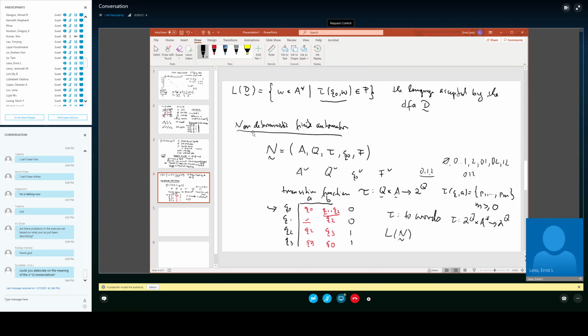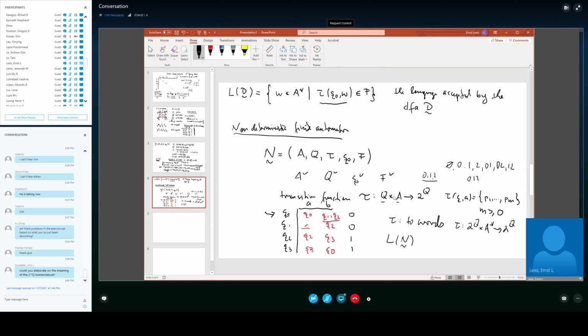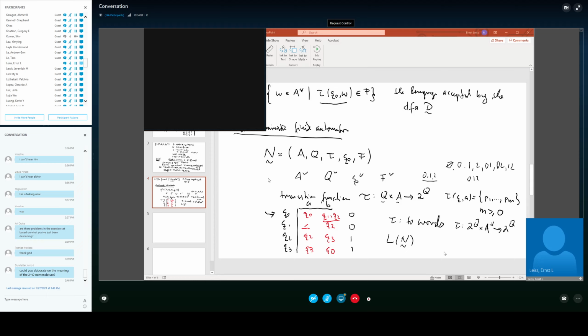So obviously any deterministic finite automaton can be viewed as a non-deterministic finite automaton. All right? Because if it turns out that these are all single state sets, then obviously we have the deterministic finite automaton situation.